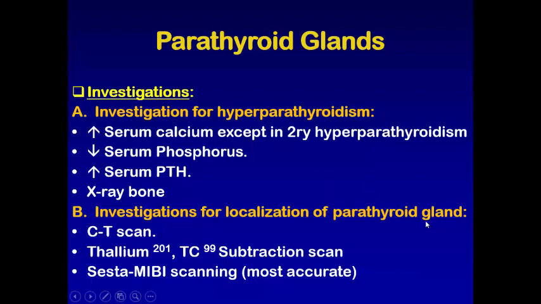About localization of the diseased parathyroid gland, we have to do CT scan, thallium 201, technetium 99 subtraction scan, and better than this scan for localization, recently, we call it Sestamibi scanning. Sestamibi scanning is the most accurate compared to thallium technetium subtraction scan for localization of parathyroid disease.